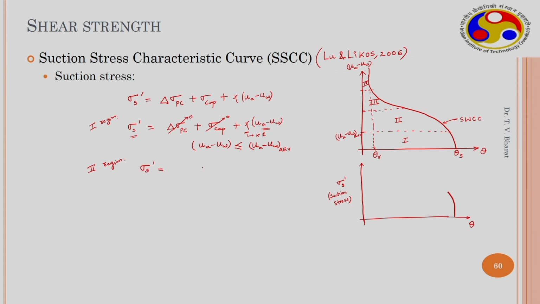In this expression, where ua minus uw is more than ua minus uw AEV, the soil desaturates quickly and the capillary forces start increasing, and the electrostatic repulsion starts decreasing in the soil, while the attractive forces are nearly constant, provided the soil grains do not come close to each other or the pore size distribution does not change significantly.